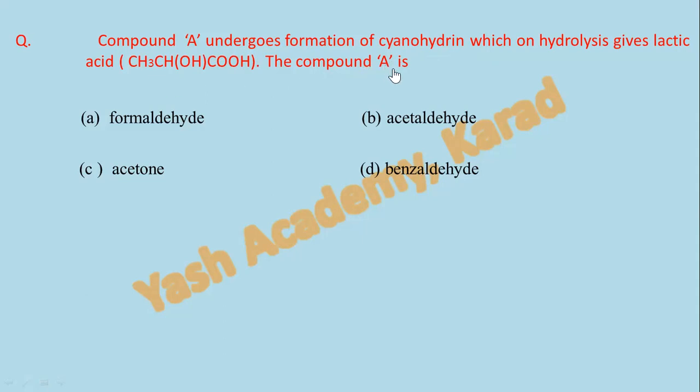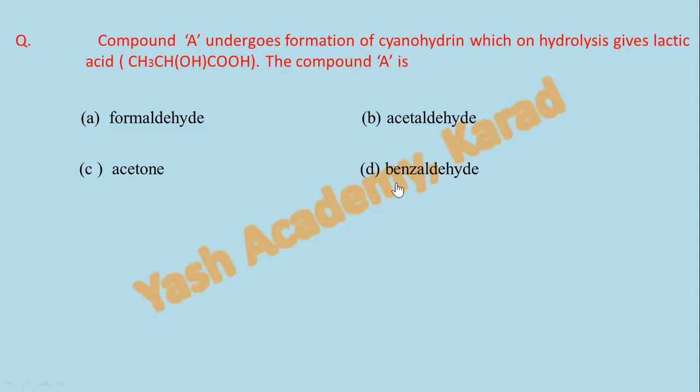Means A when it reacts with HCN, then there is a formation of the corresponding cyanohydrin, and the cyanohydrin so formed on hydrolysis gives lactic acid. So the structure of compound A is formaldehyde, acetaldehyde, acetone, or benzaldehyde.